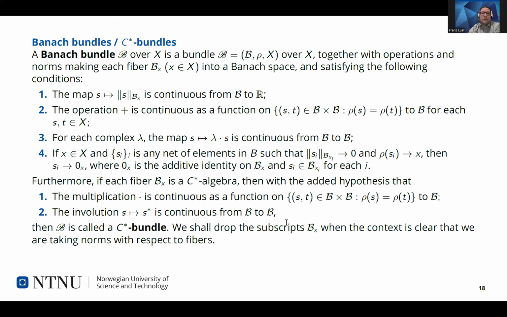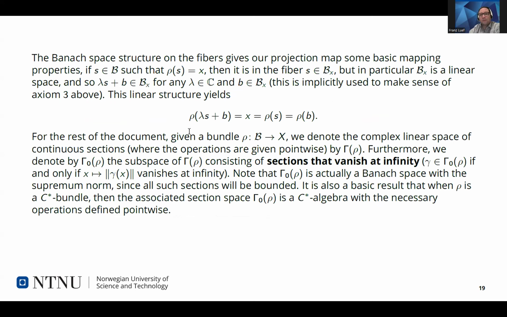This is just again the corresponding definitions for Banach bundles and C-star bundles. So of course there are continuity conditions that we have to impose coming from the corresponding norms. And this is going to be the hard part, to check continuity for the bundles that we're interested in.